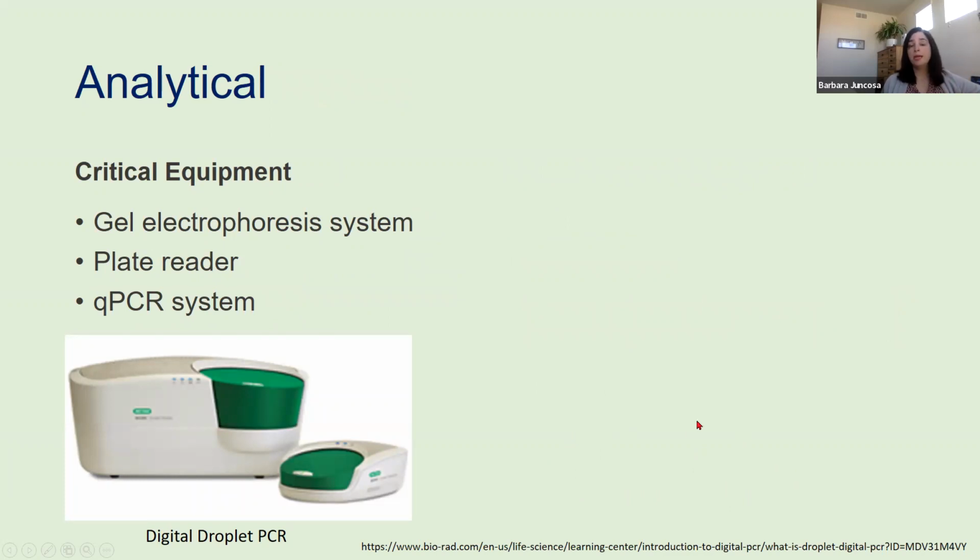Most of you will probably have gel electrophoresis systems that can be used for SDS-PAGE, for example, a plate reader. And as Izzo was just orienting us to qPCR, a lot of companies are moving to digital droplet PCR, as Jim had introduced us to earlier. The main difference between them is that digital droplet is an absolute quantification process. qPCR is comparative.